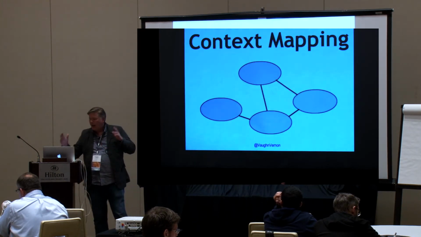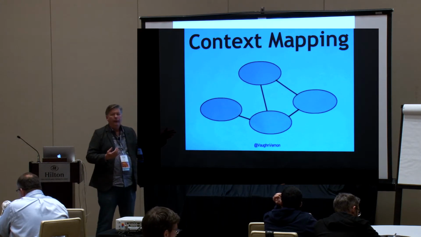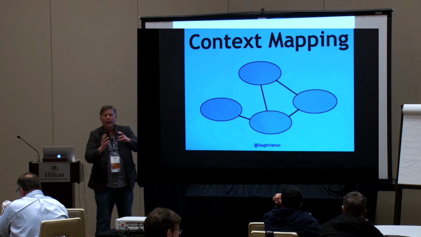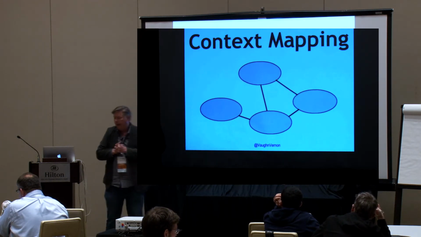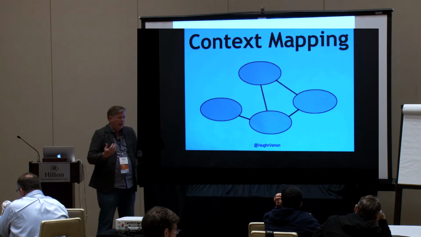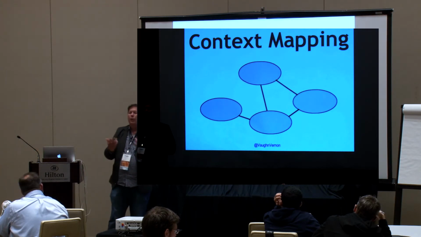Okay? And now, because we have a context boundary around the core, and pick any one of these ellipses, one of them will be a core, and let's say the other three are supporting or generic.